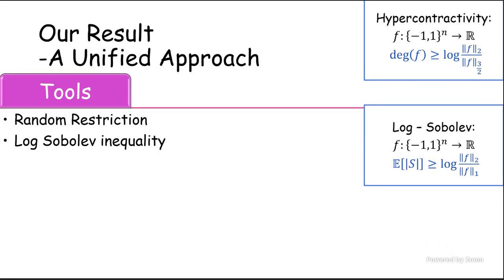So why is it so important to use the log Sobolev and not the hypercontractivity? As we said, the hypercontractivity uses the maximal degree, which sometimes means we need to cut the function in order to use it.